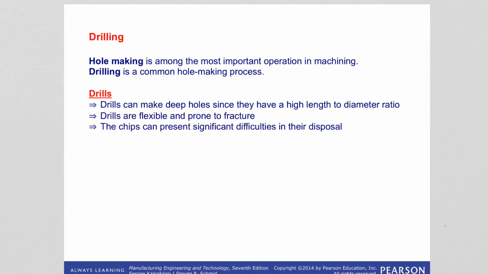Because of their high ratios, that makes them flexible and prone to fracture, and they can make inaccurate holes. In addition, if you watch the videos, you will see the chips will be produced, and this can present difficulties while they are disposed from the hole while it is being drilled.